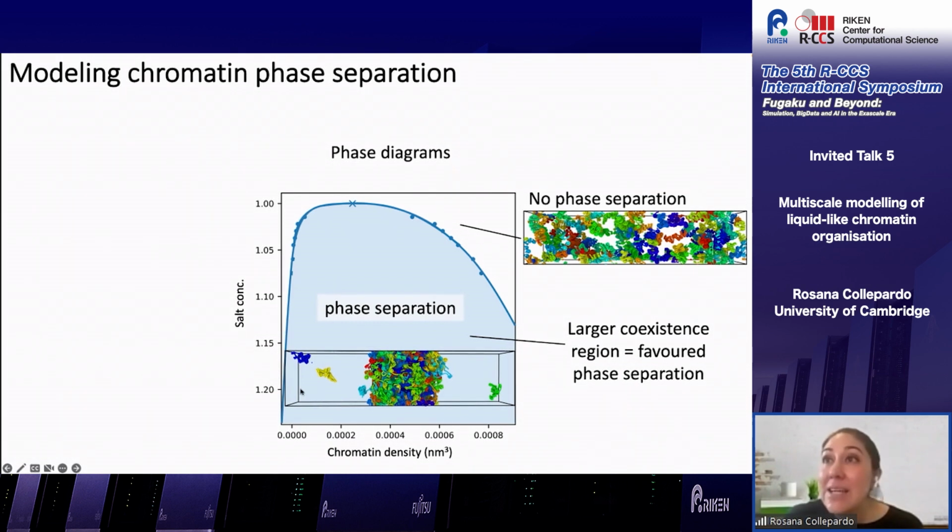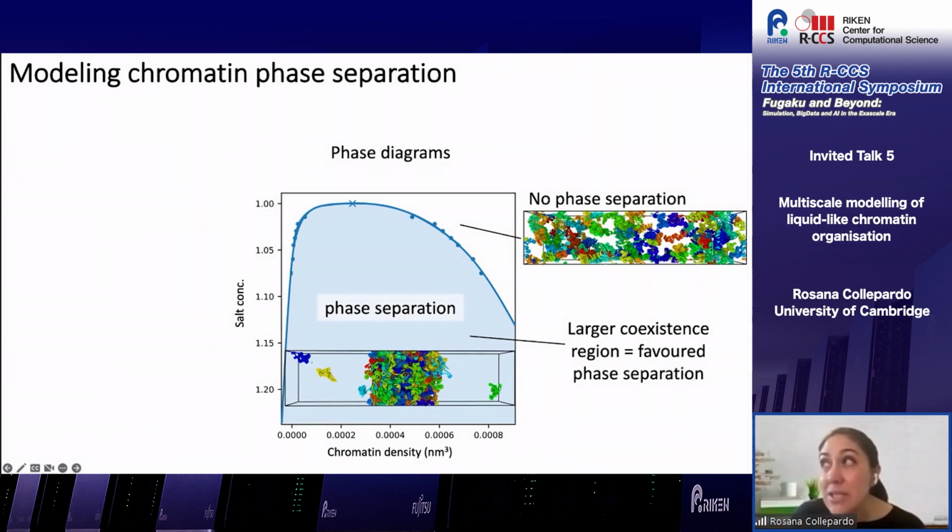And basically we get this curve that is known as the coexistence plot, and it delimits the phase space of parameters that allow chromatin to phase separate. So all this shaded area below the curve is the set of parameters that promote phase separation, versus the area above the curve where no phase separation is expected to occur.